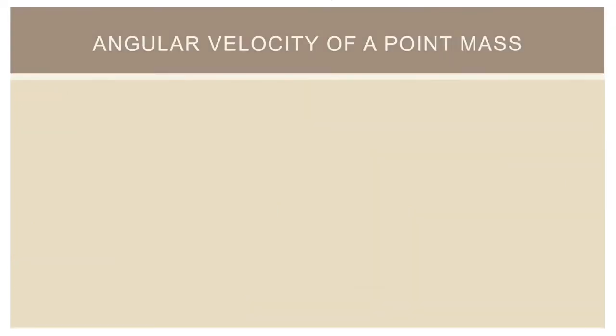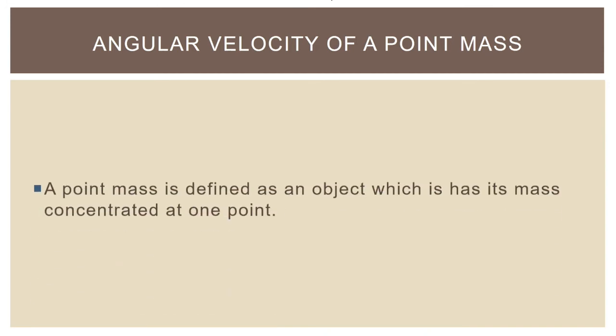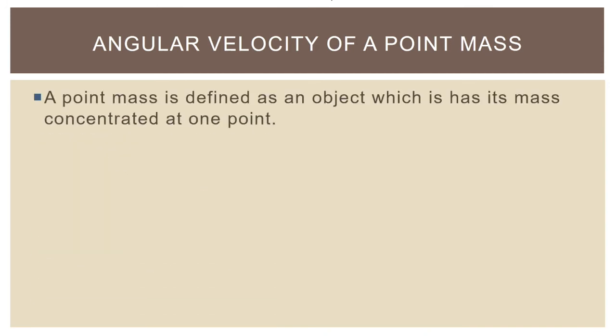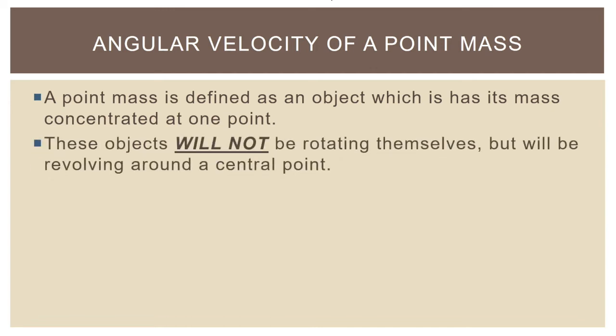So the first thing we'll say is that it's a little weird that we're going to be talking about a point mass having an angular velocity. And there's a good reason for that, because a point mass is defined as an object which has all of its mass concentrated at one point. And so what's particularly weird about thinking about their angular velocities is that these objects will not be rotating themselves, but rather they'll be revolving around a central point.